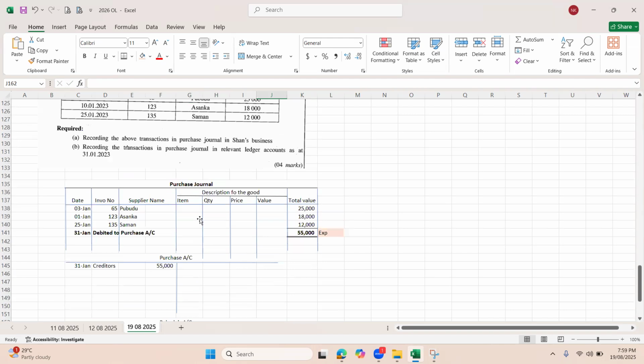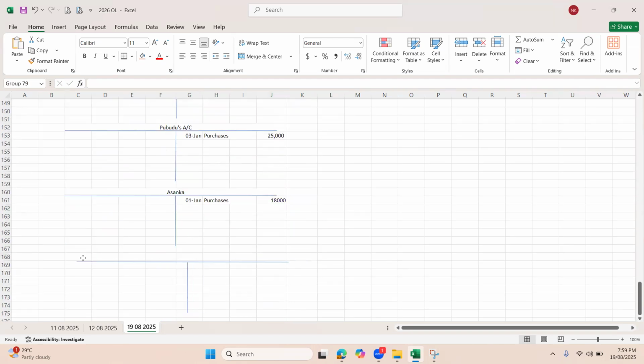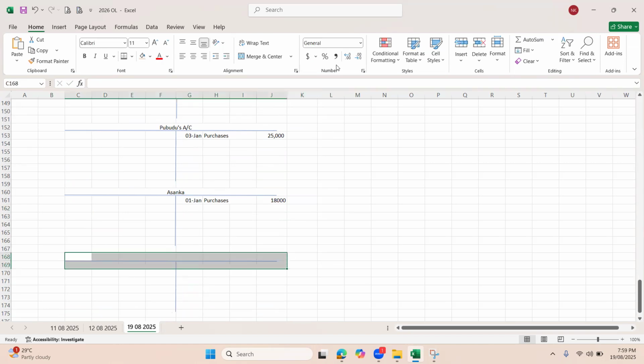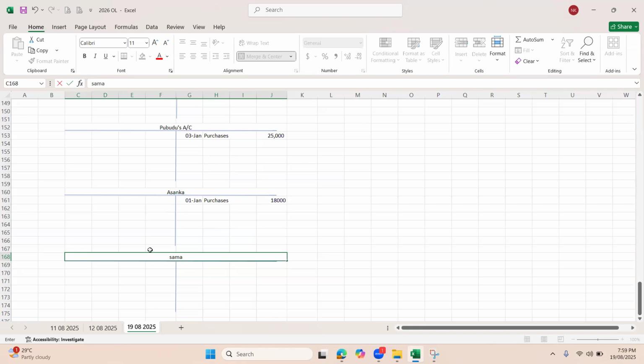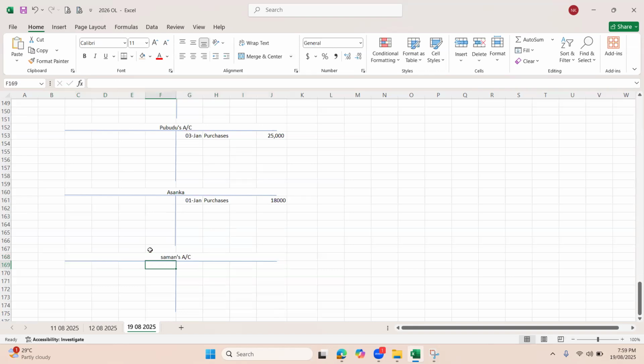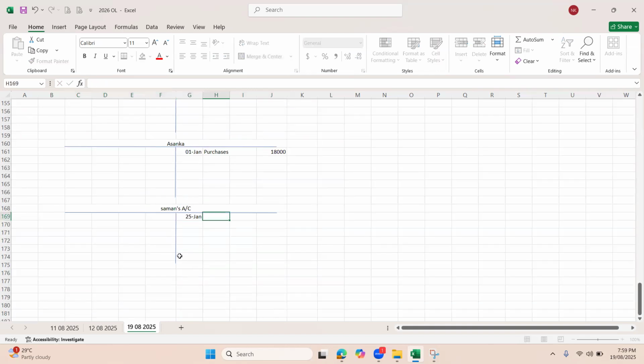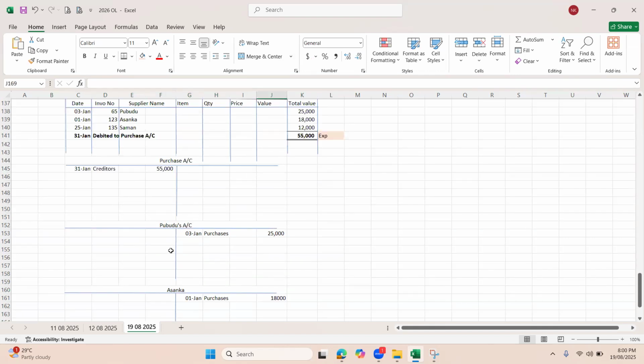Then the third man is Saman. Saman's account, credit on 25th of Jan. Here the description is purchases, value is 12,000.